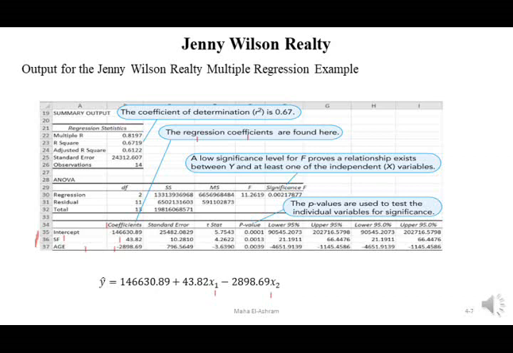And we got this output. So your role will be mainly to read this output. From this output we can get many things. The first thing that we will need to get is the equation itself.